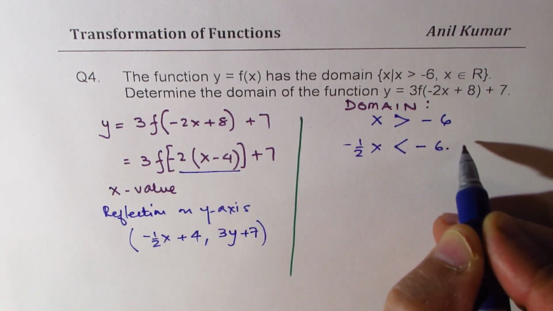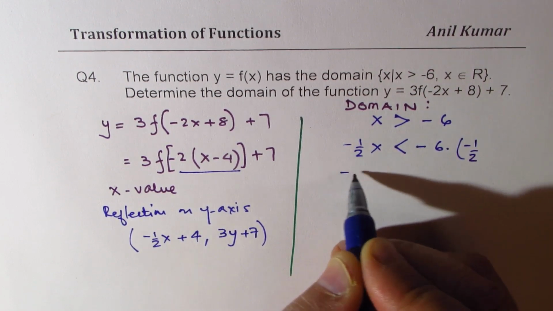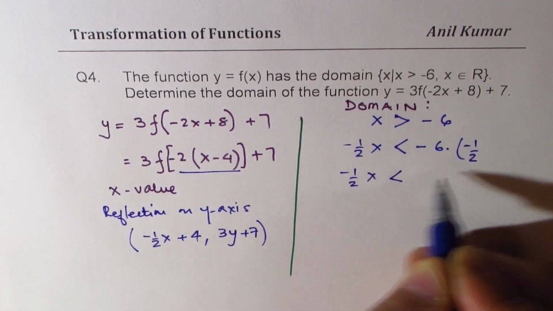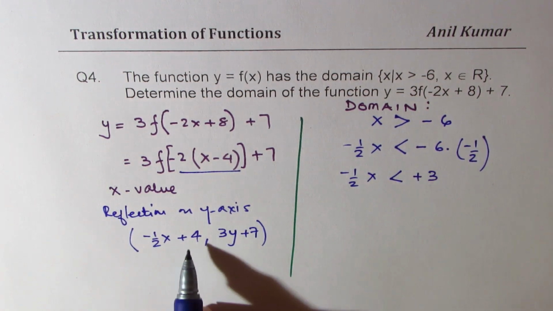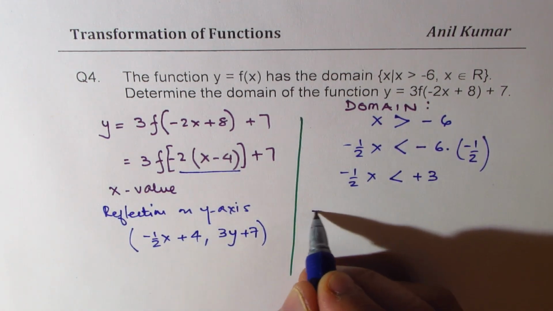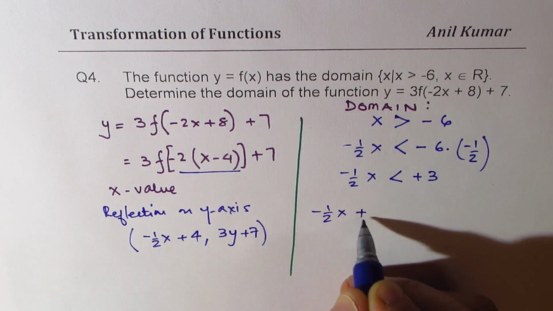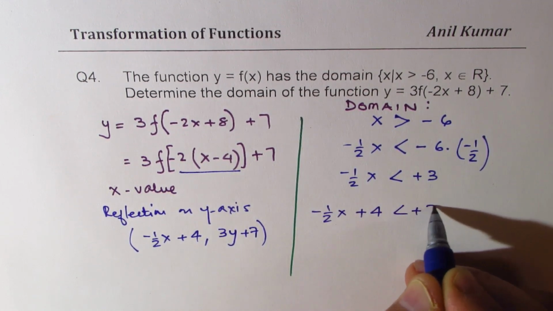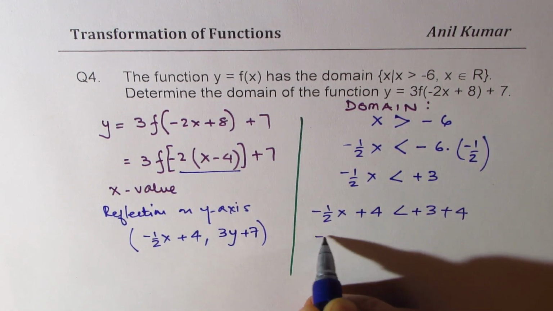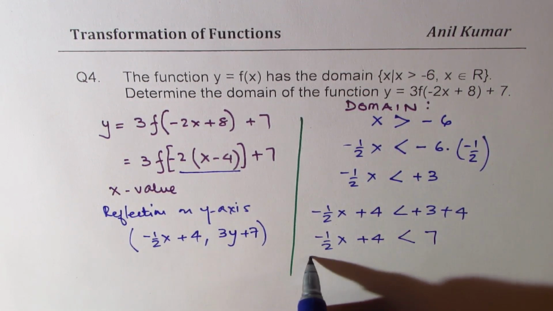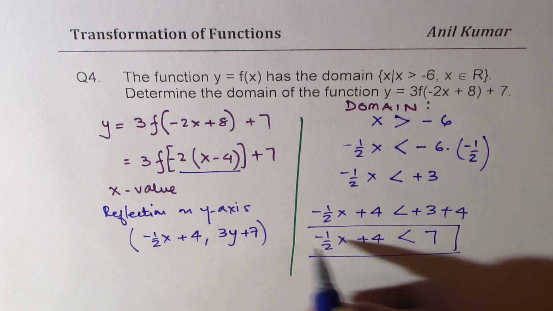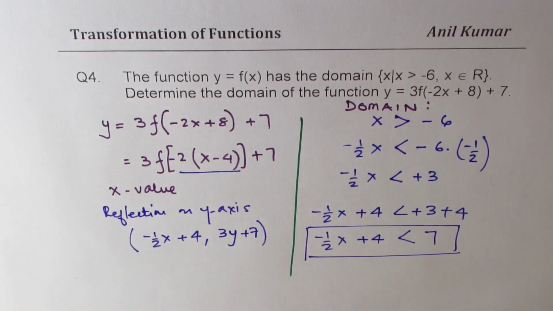So 6 times -1/2 means -1/2 x is less than 3, correct? Now we need to add 4, so -1/2 x + 4 is less than 3 + 4. What we get here is that this particular transformed function should be less than 7. So that becomes the new domain, correct?